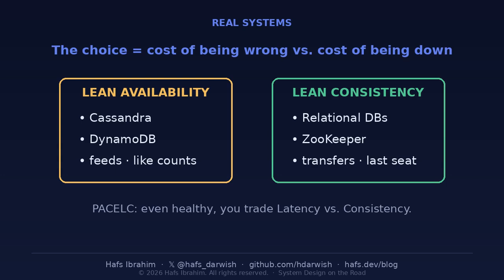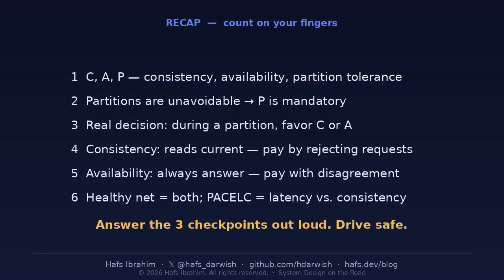Four, consistency means every read is current, you pay by rejecting requests during a split. Five, availability means you always get an answer, you pay by allowing temporary disagreement. Six, when the network is healthy, you can have both, and PACELC reminds you you're still trading consistency against latency. That's the whole thing. Six points, one impossible middle.